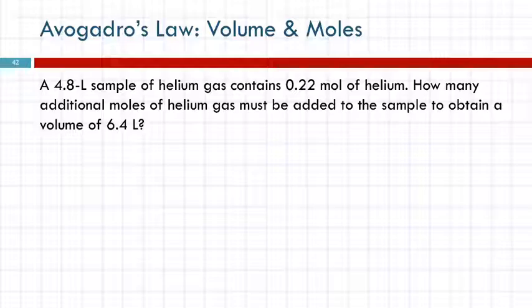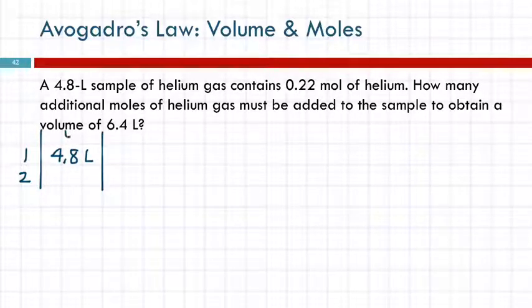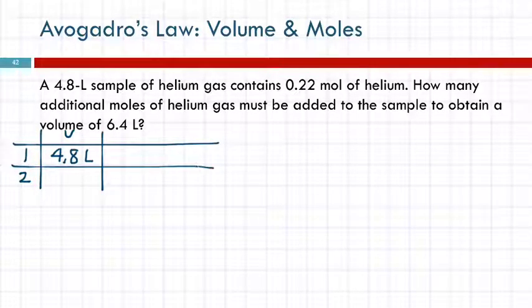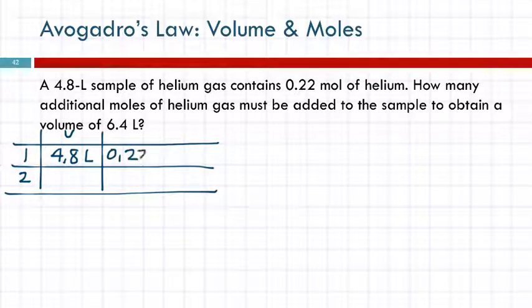Well, let's make our table. We've got 1 and 2. Our first number is 4.8 liters. So that's the volume. And it says that that sample of gas contains 0.22 moles of helium. That is n.